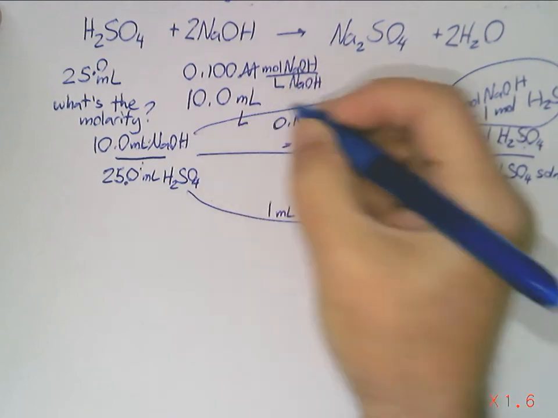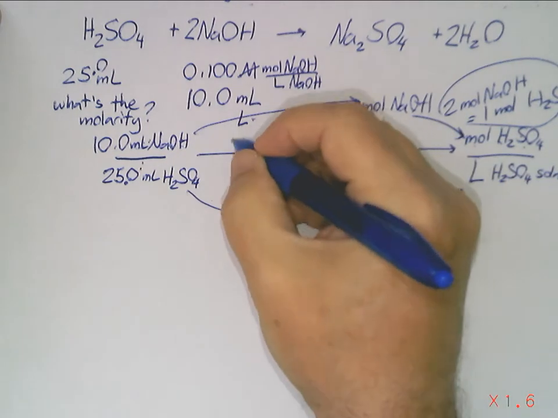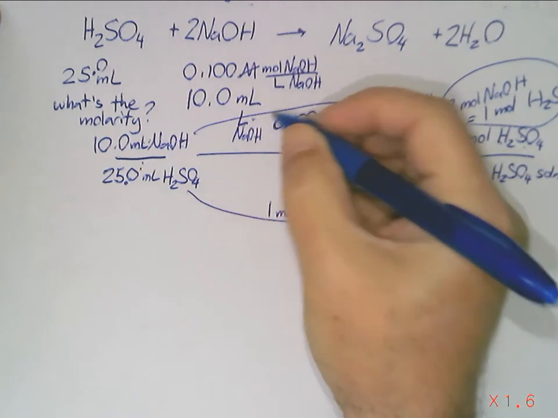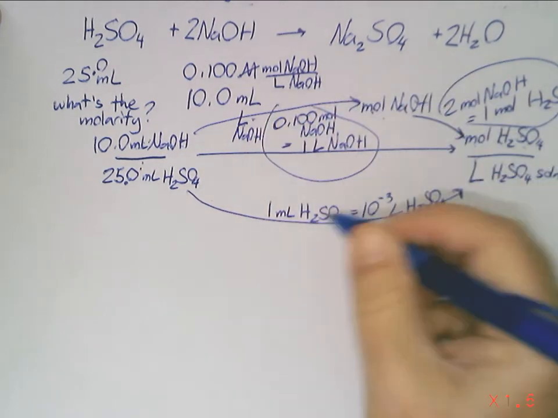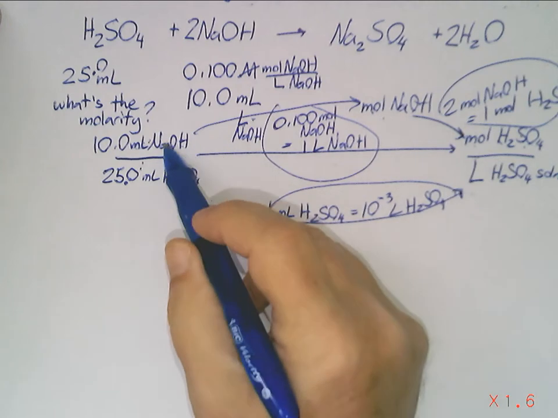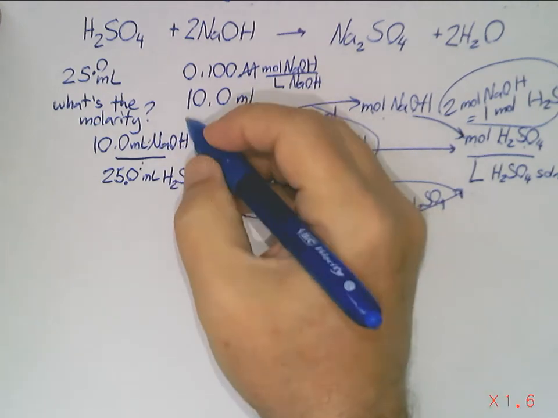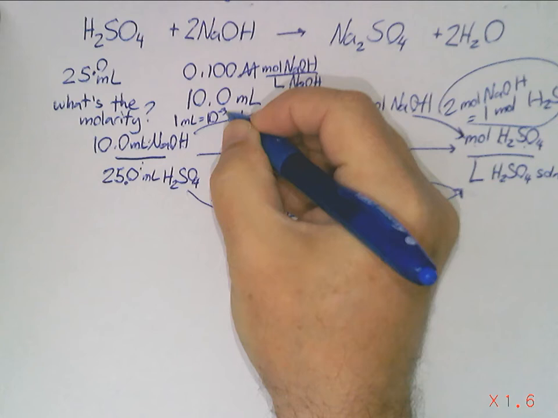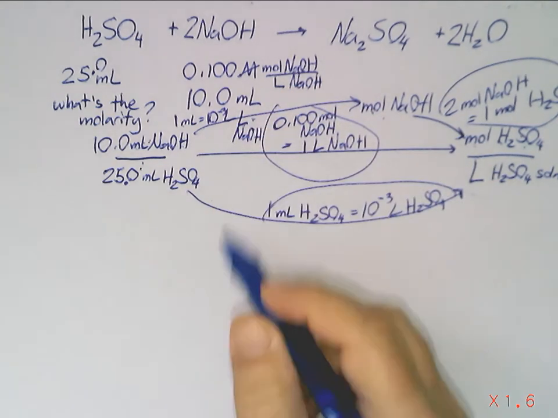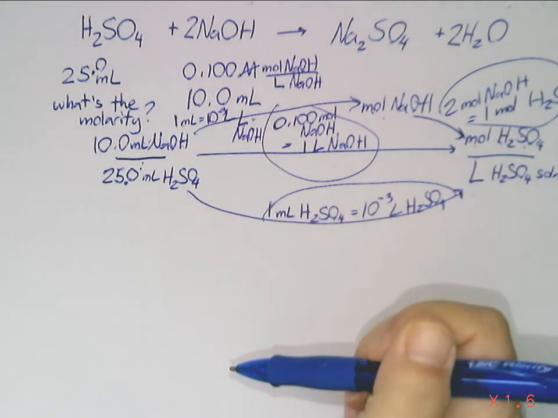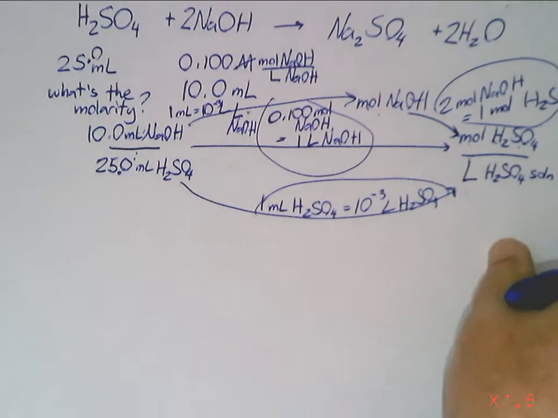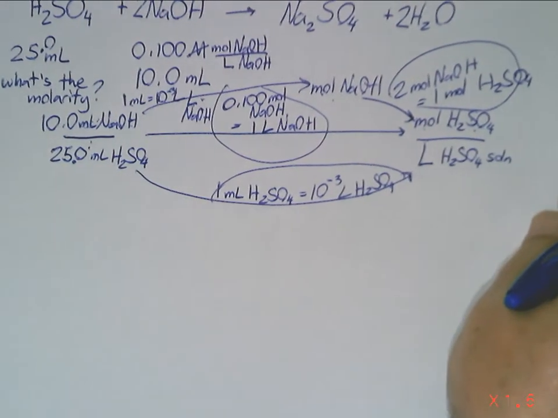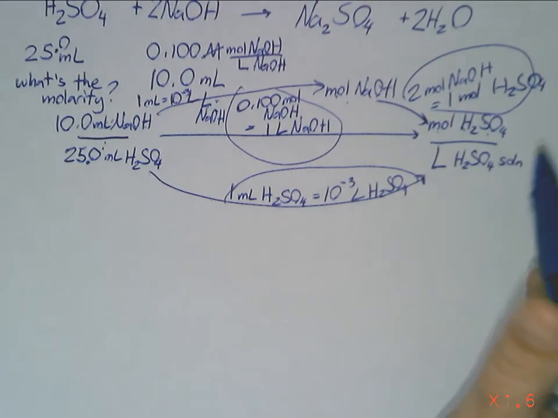Well, that'll take me between liters and moles of sodium hydroxide. So I need something to go from milliliters to liters, and I know that. 1 milliliter is 10 to the minus 3 liters. All right, so here's my roadmap. Let's put it all together and make it into a calculation.